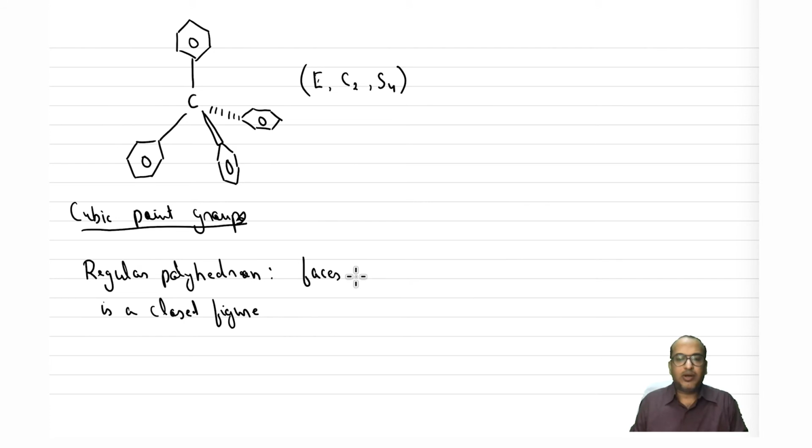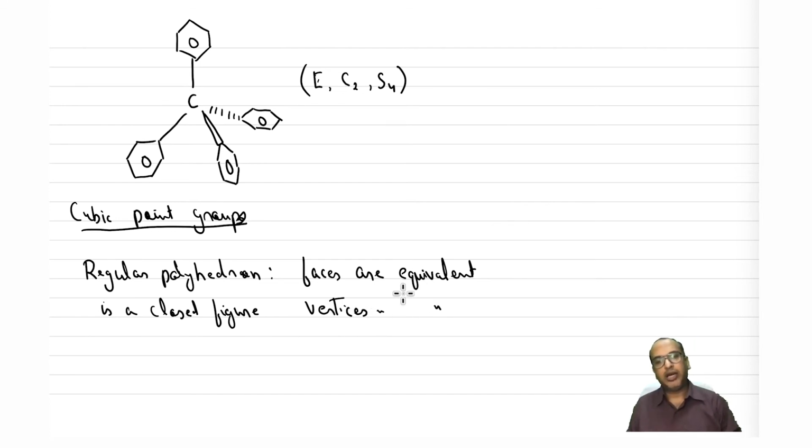All the faces are equivalent. Vertices are equivalent. When I say equivalent, I mean that they are equivalent when you operate on them by symmetry operations. So all the faces are equivalent, all the vertices are equivalent, and all the edges are equivalent.